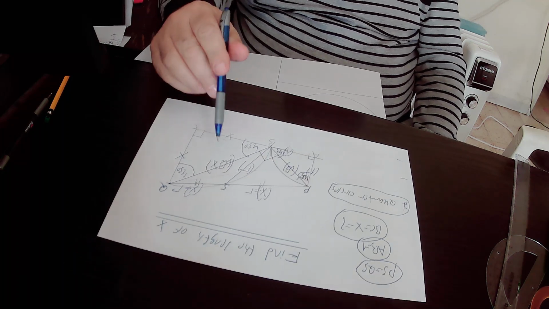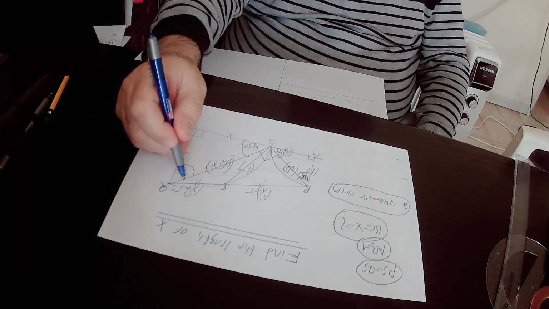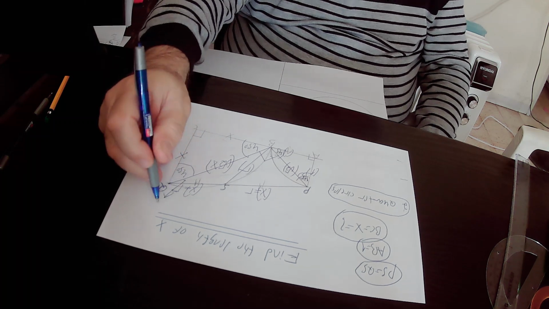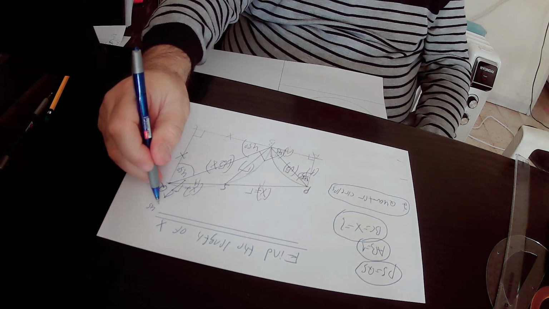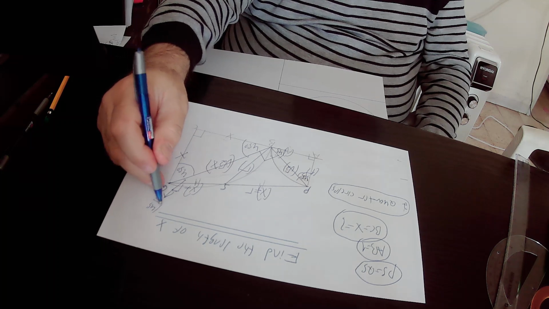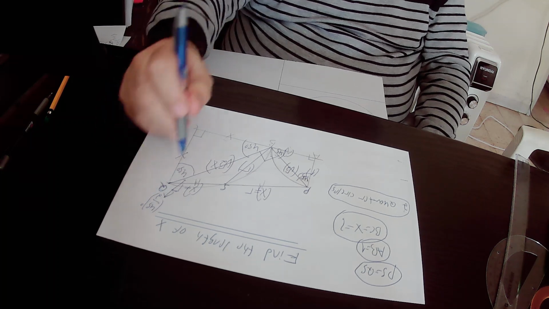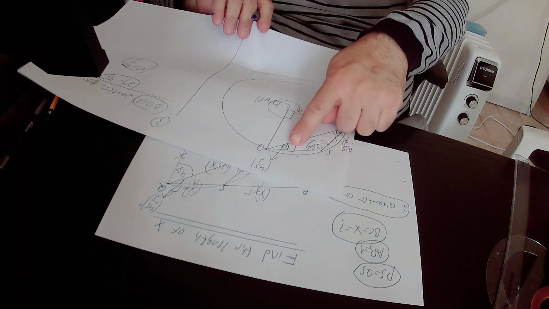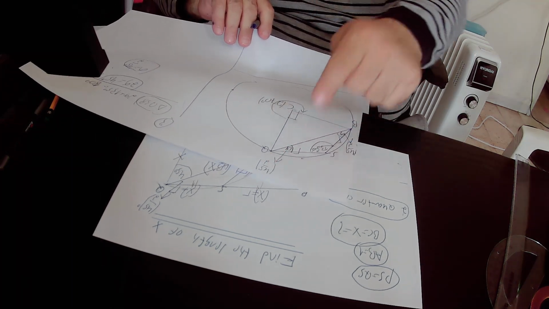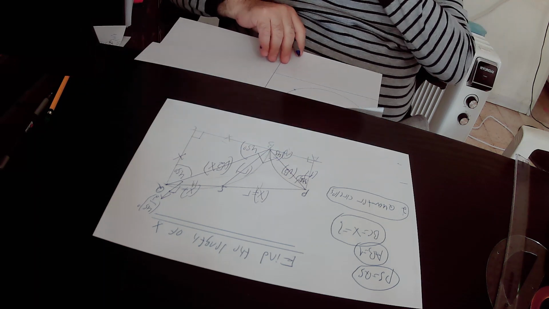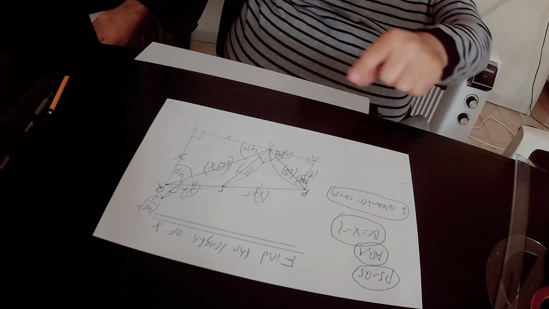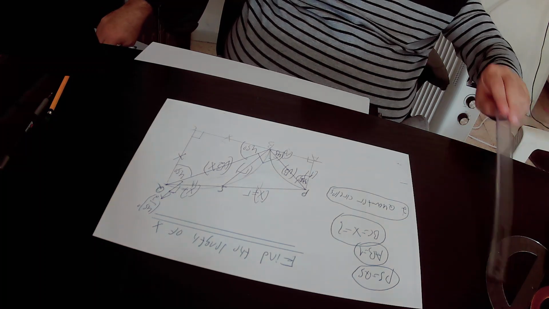Here we have already found out that this is angle alpha that is equal to 45 over 2 degrees in its size.